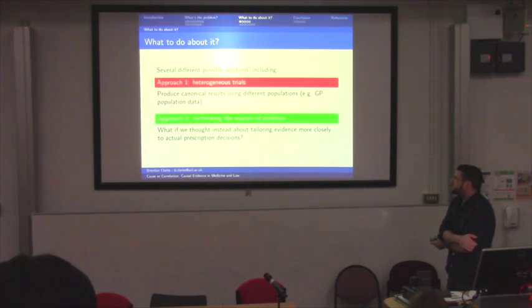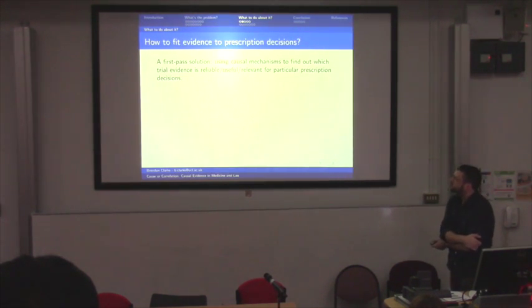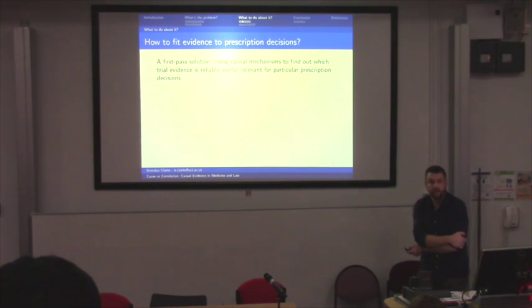But what I'm going to talk about today is a slightly different approach, which is to think differently about the way that we put evidence into our clinical decision-making process. In a nutshell, what I want to suggest is that we can use these kinds of causal mechanisms to help us make assumptions about how to apply clinical evidence.